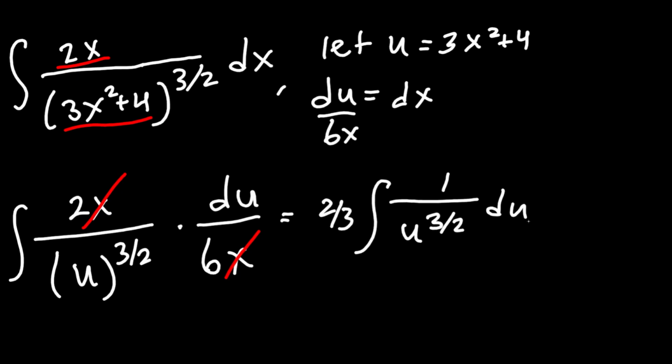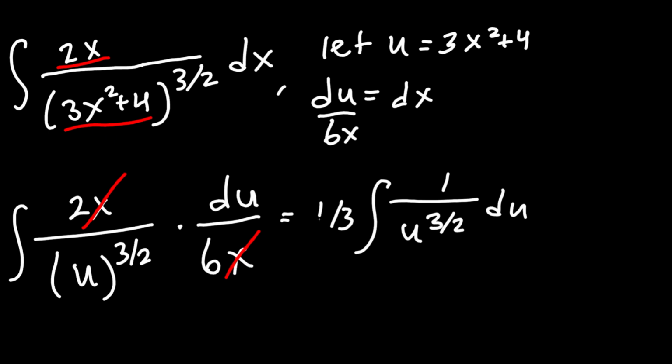So basically we took the numbers out, of course, and actually that should be 1/3. There we go. We took all the numbers out, and now we only have it in terms of u.